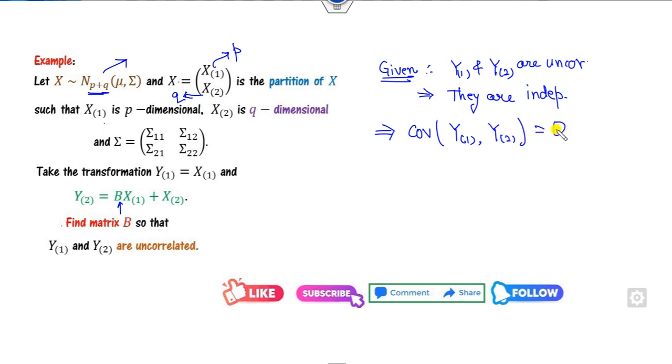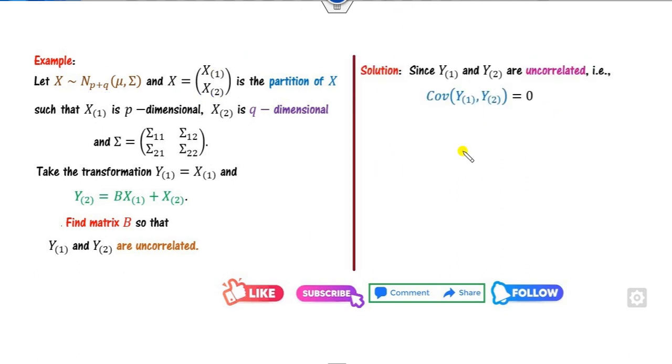Or you can apply either the first method, second method, or the third method. So I can substitute the value of the y1 and y2. What is the y1 is? x1. So that is the covariance of x1. What is the y2? y2 is my this plus x2. Now I can open this property.